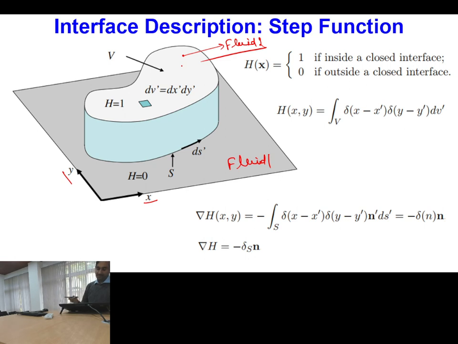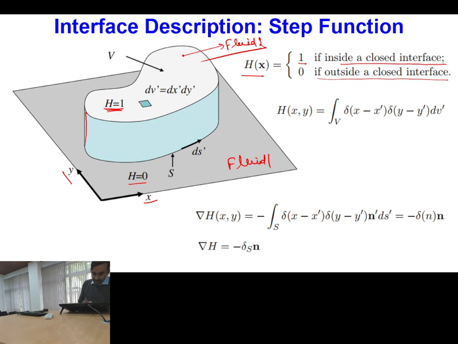Okay. So I am defining h of x equal to 1 if it is inside a closed interface, and if outside the closed interface, then it is equal to 0. So this is the closed contour over here, and in this closed contour you can see that outside everywhere h is 0, and inside this closed contour I have shown this slightly above the surface to indicate that h is equal to 1. All are clear with this point?